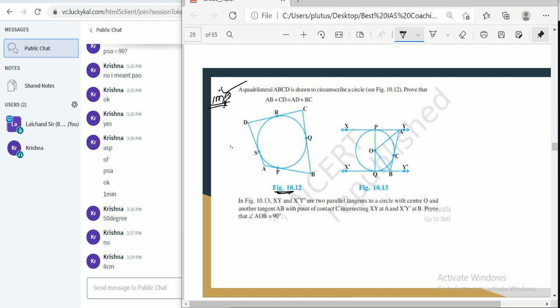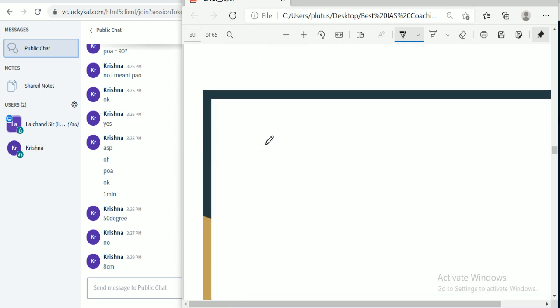Okay, first make this diagram separately. So let's suppose this is a circle.